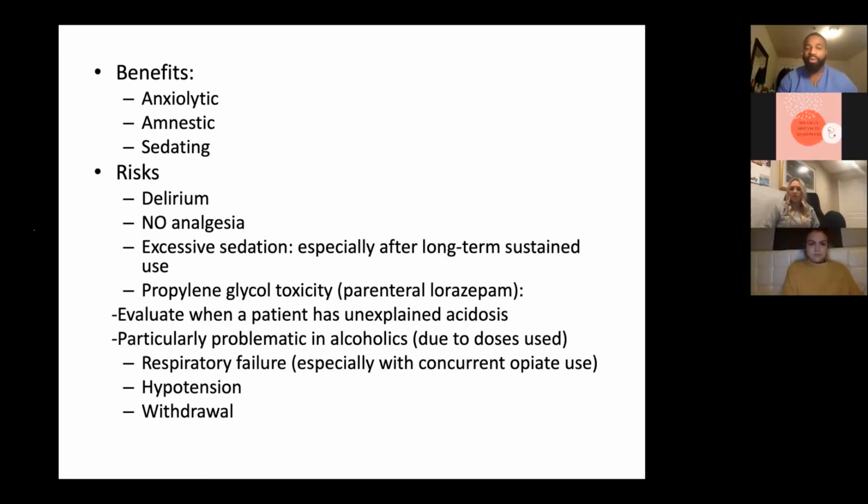So you want to understand that and say, oh, this is not good for an alcoholic patient, I need to give something else, because they're at risk of respiratory failure since you have to use high amounts, and they're going to have hypotension and withdrawal. So for them, you have to use high doses to get what you want.